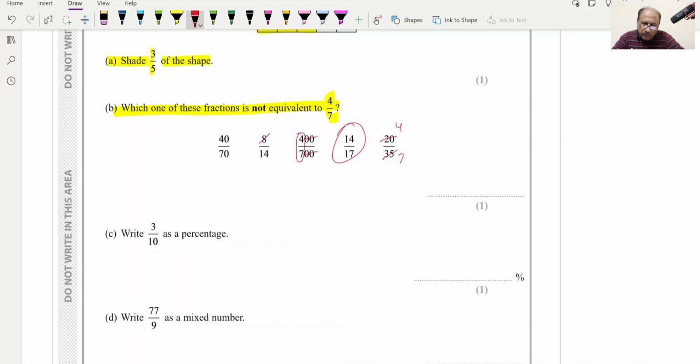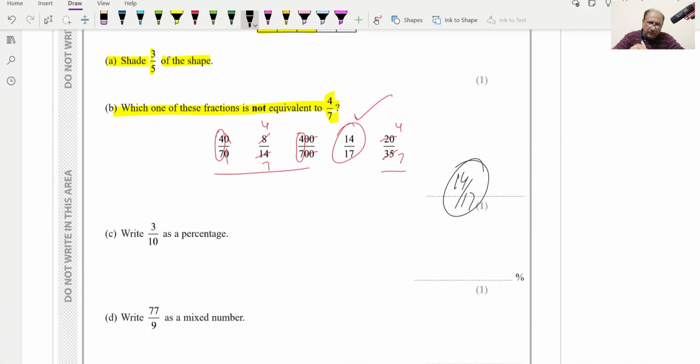And this can be divided by 2, 2 4s are 8 and 2 7s are 14, and this one we can cancel 0 and we will get 4 by 7. So rest of for all we will be getting 4 by 7. For this one 14 over 17 we cannot get 4 by 7.